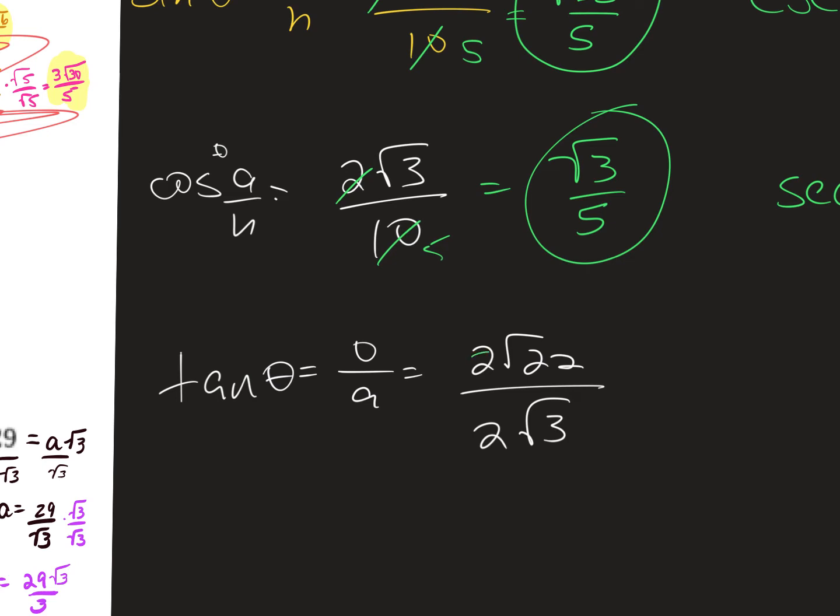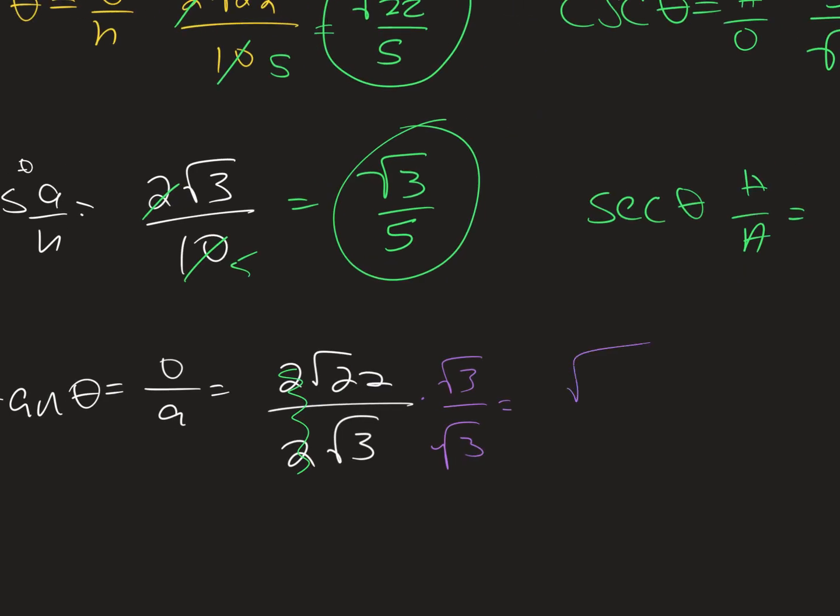I can simplify. I can cross off these 2's. And now I cannot leave a root 3 in the denominator, so what's going to happen? Top and bottom by the square root of 3. So I get house times a house, just a bigger house. Root 66 over 3. And then we see if we can break that down. But you guys cannot have decimal answers. It has to be exact.